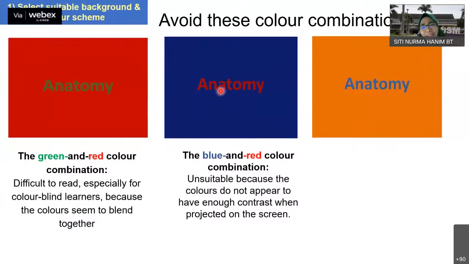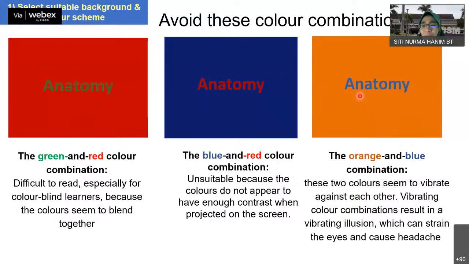It may seem okay on your laptop, but when you project it onto a screen, the audience cannot see, because there is not enough contrast. This one, orange and blue, is vibrating. It will cause illusion and strain the eyes. So these are among the color combinations that should be avoided.